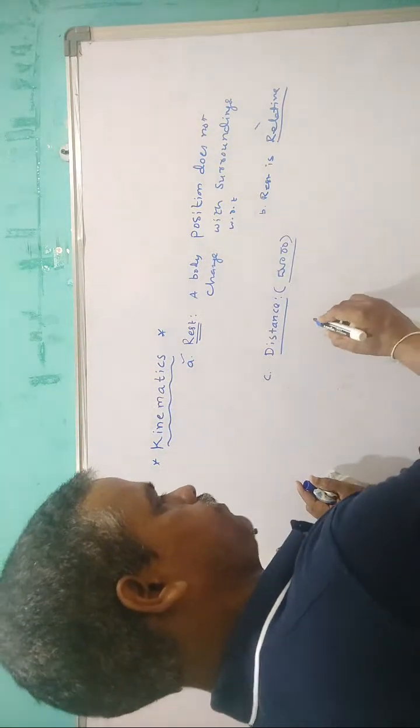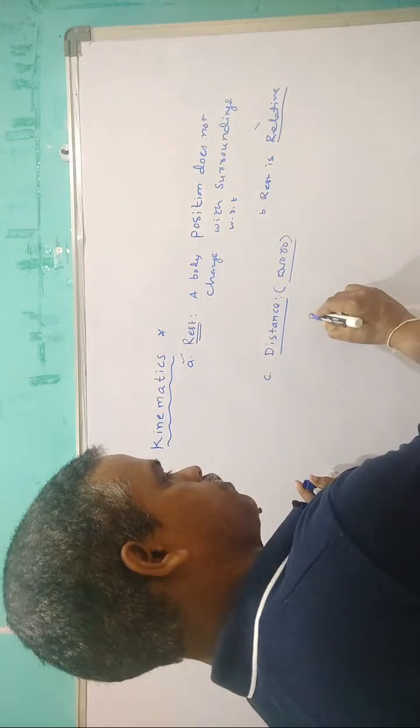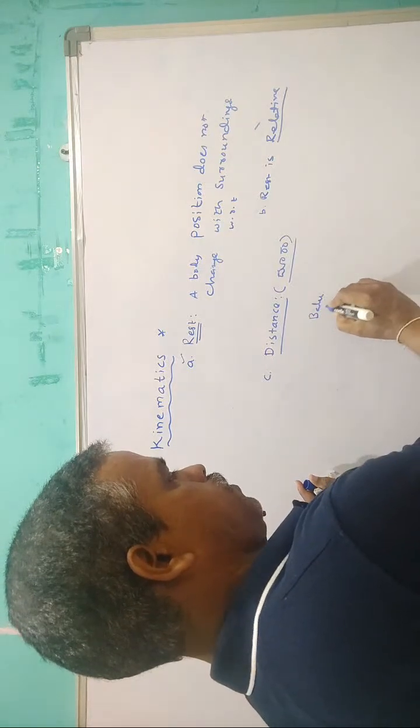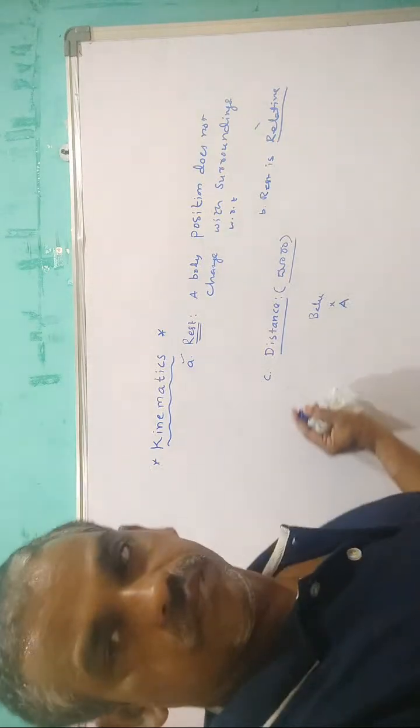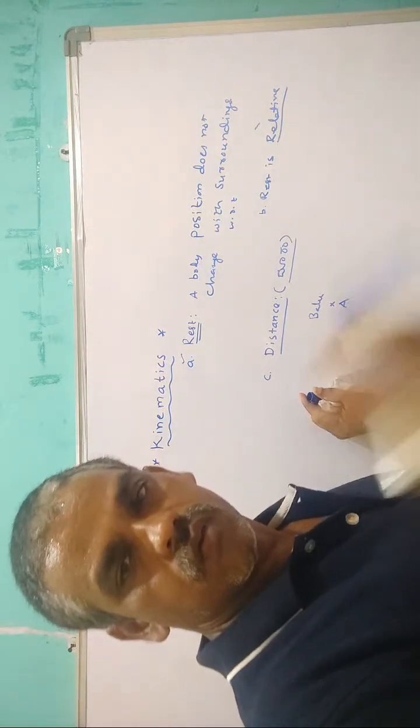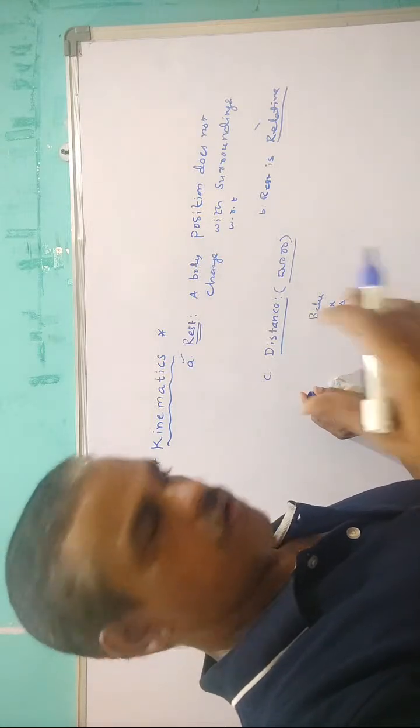So for example, you are the Balu. You started at point A. You started your walking, or if you are running also.